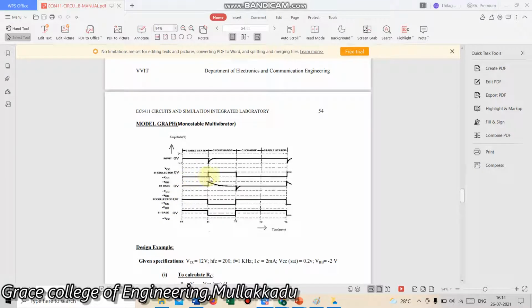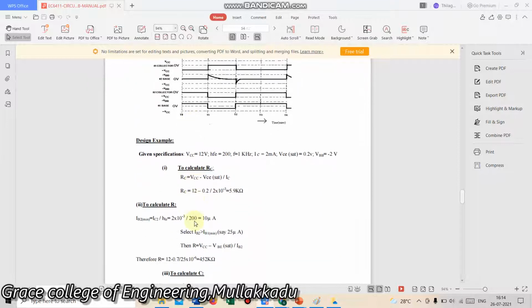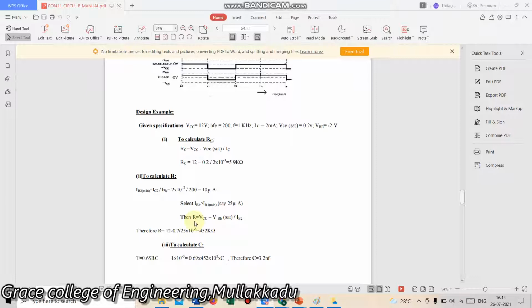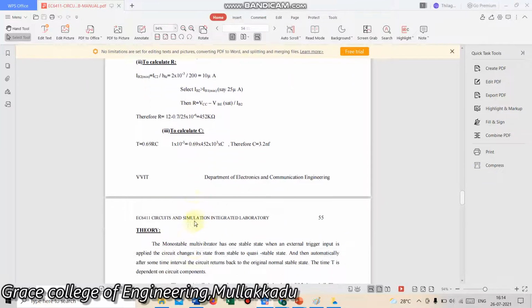Both the terminals are inverted. When the collector of Q1 is low, then the collector of Q2 is high. When the collector of Q1 is high, the collector of Q2 is low, because the charging and discharging of the capacitance is opposite at the two terminals of the transistors. For designing, we have to calculate RC, R and C as per the procedure.